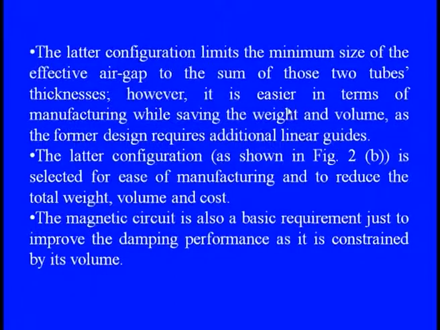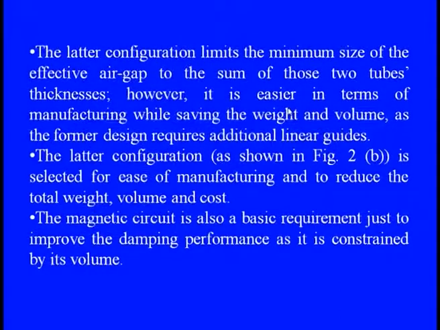So in the configuration with the fastened features, with these two tubes, in which there are minimum air gaps, it is very easy to manufacture, and it also has very little weight because we don't have any linear guides.